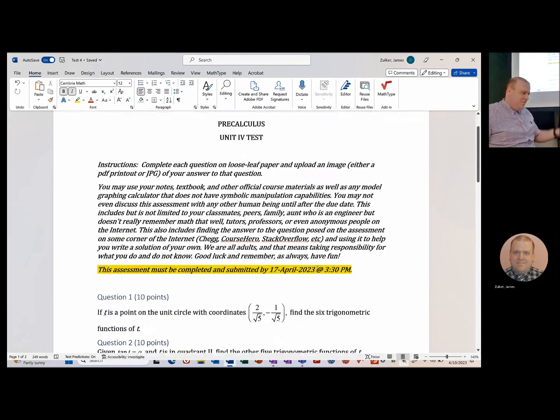As always, do it on loose leaf paper. Scan your test as a single PDF document and upload it by the due date. You can use any course materials: textbook, notes, anything I hand out, which I haven't handed anything out. Any model graphing calculator that does not involve symbolic manipulation, so just graphing calculators. No CAS.